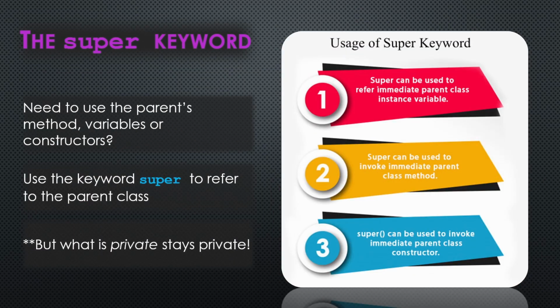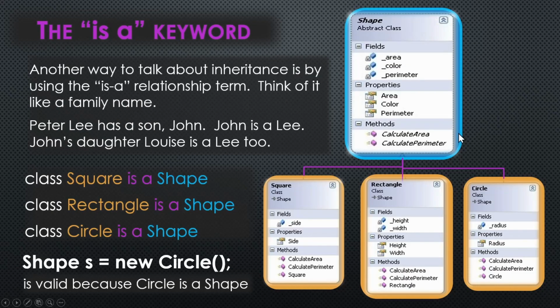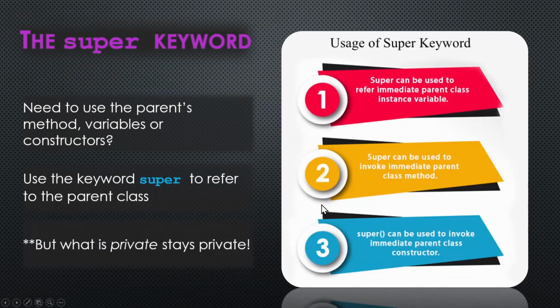Now, if you want to use the constructor, for example, let's say in the superclass we have properties, right? Area, color, perimeter, but they're not getting initialized. If I make a new square, how is it going to initialize area, color, perimeter? Well, we're going to use the keyword super to access the parent class, and we can use super to run the constructor.